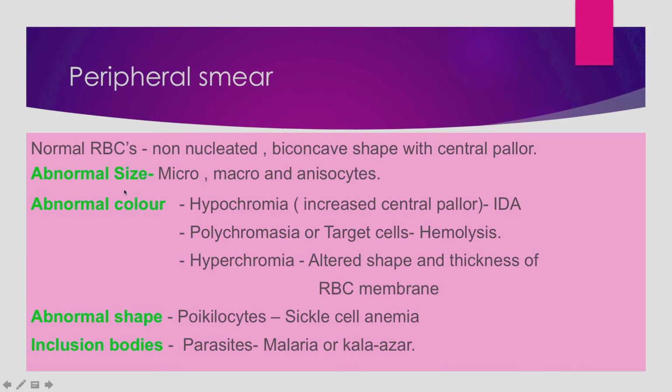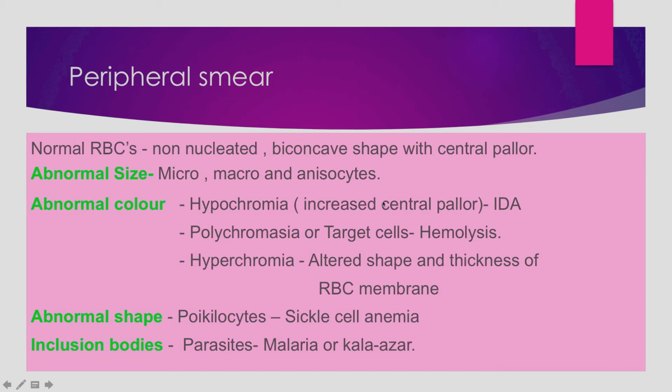Abnormal size: if the RBCs have abnormal size, we call them microcytes or macrocytes. These micro and macrocytes together are called anisocytes, meaning unequal size. Abnormal color: if the color of the RBC is less than normal, we call that hypochromia, or if the cells are darker, we call that hyperchromia.